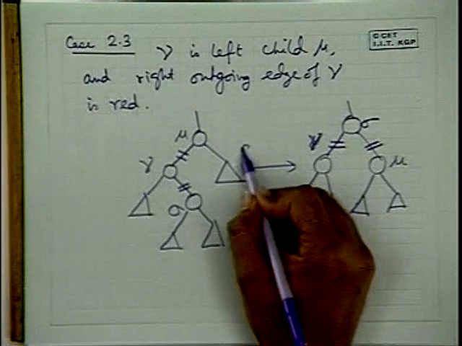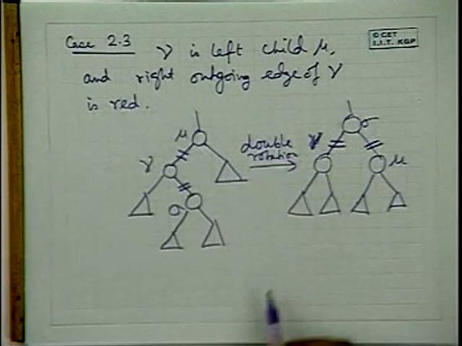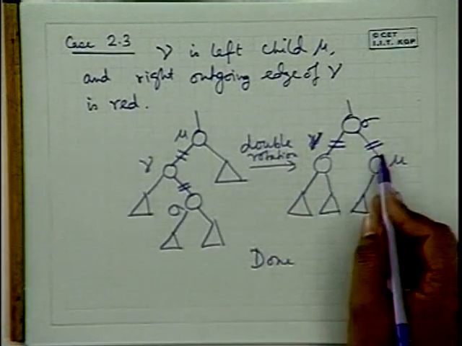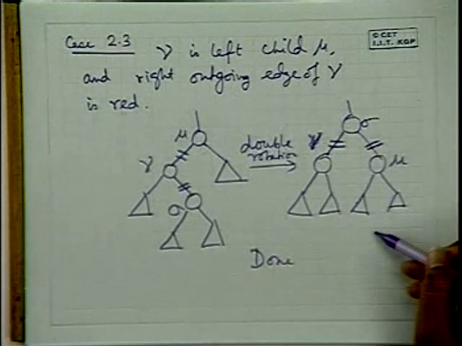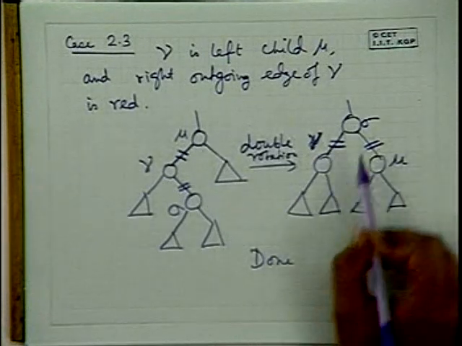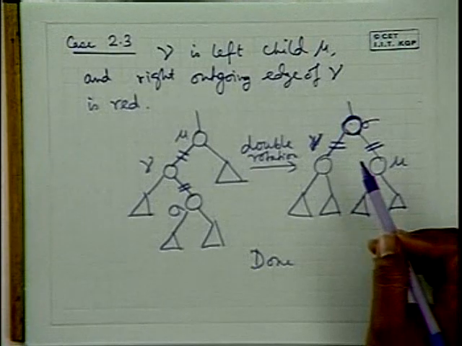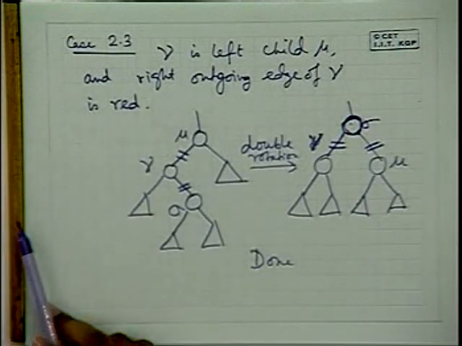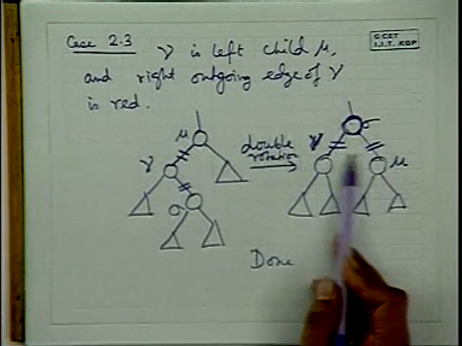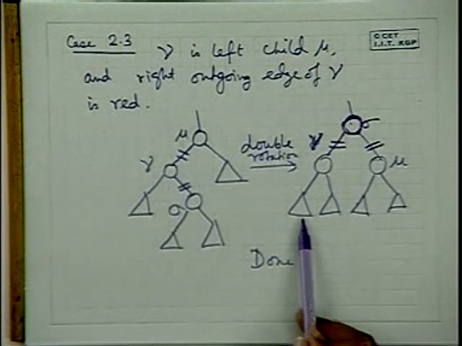So double rotation, and you can see now we are again done. It is perfect. I don't have to recurse up anymore. And see when I say this is perfect, basically you have to see two things. Your red property is not violated, and your black height elsewhere is not disturbed by doing this operation.